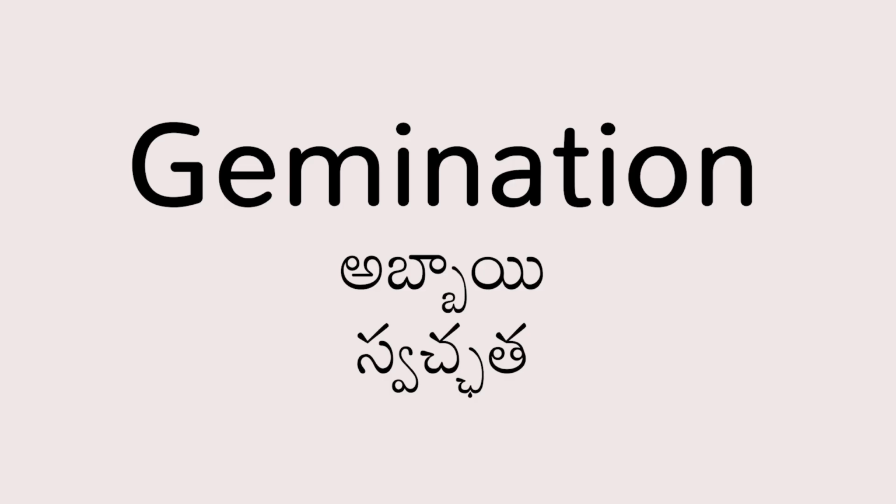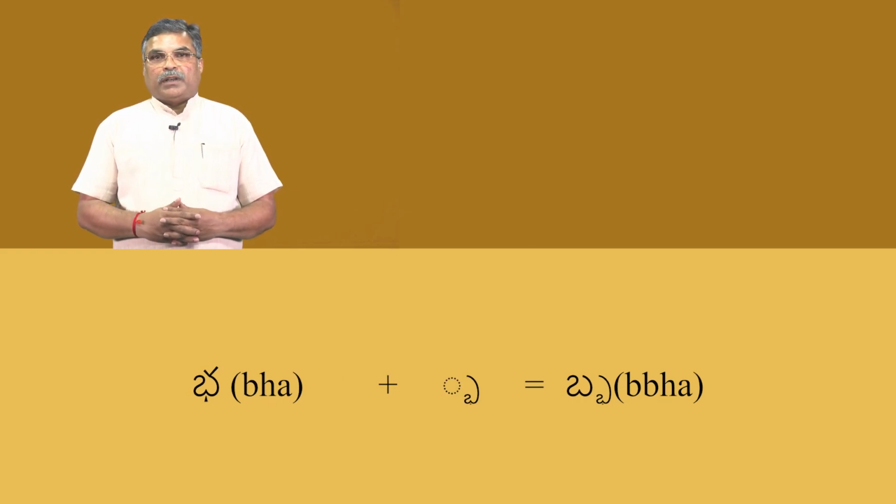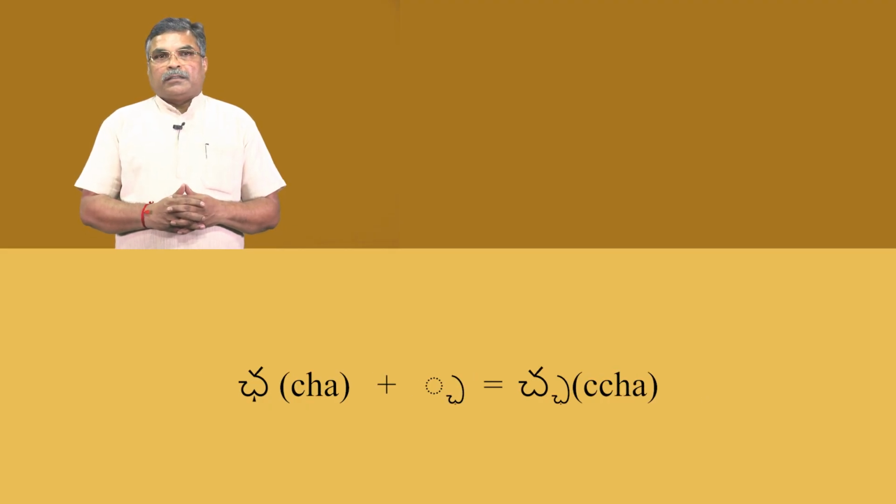Now we are going to observe geminations. Here we observe how secondary symbols of consonants are attached to base consonants. Observe on the screen, ba plus ba, ba, bha plus bha, bha, cha plus cha, cha, cha plus cha, cha.